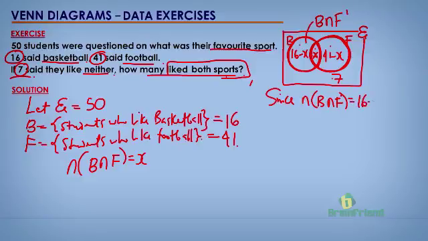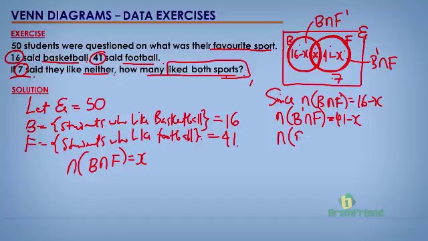We know that as 16 minus X. We also know the cardinality of this region here as B prime intersection F, which is 41 minus X. We know also the cardinality of our region under consideration here, which is B intersection F, to be X. It's the unknown that we seek.